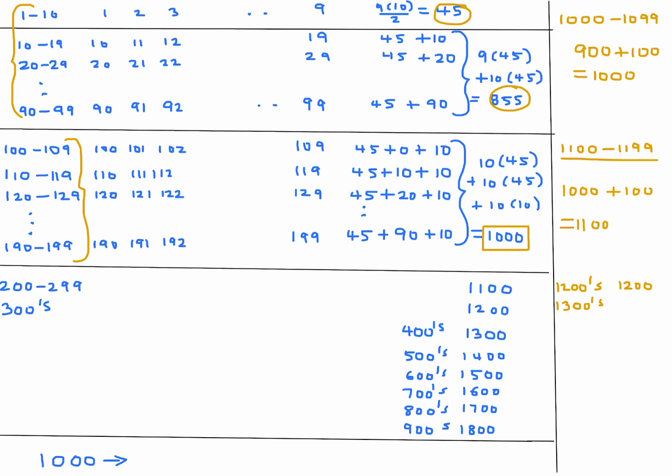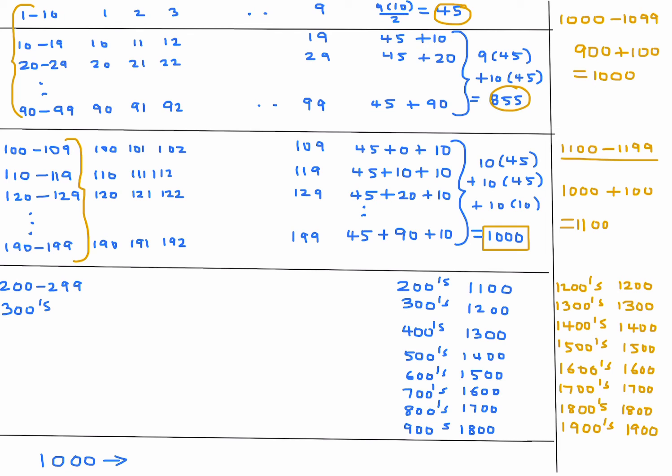And the 300s had a sum of 1200. And again, when you're looking at the 1300s, you're looking at the same numbers, but each number will have an additional 1. So you have to take into consideration that there's 100 ones. So you add 100 to this number. So that becomes 1300. And similarly, you just fill out the table like that.